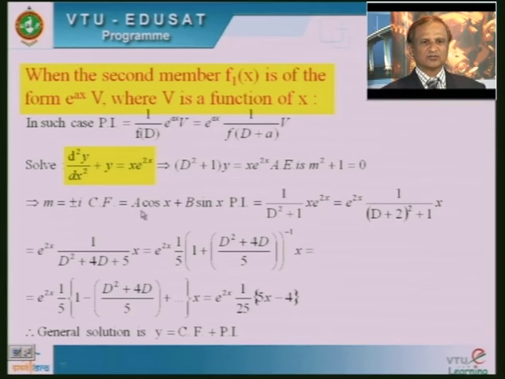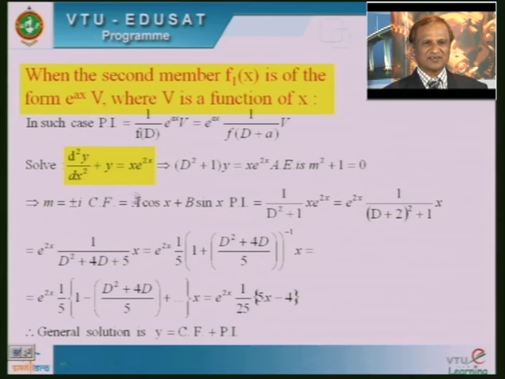On the basis of the nature of the roots, we are able to obtain a complementary function of the form a into cos x plus b into sin x. Here a and b are arbitrary constants. As I have mentioned, alpha is 0, so we could write e to the power 0x. E to the power 0 is 1.